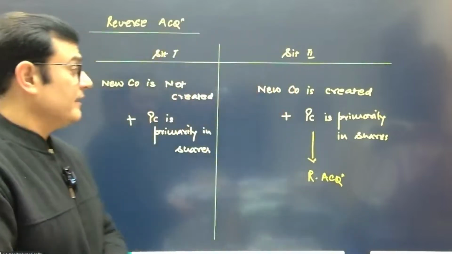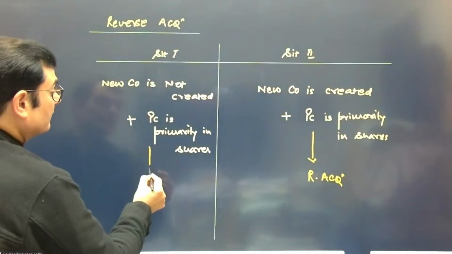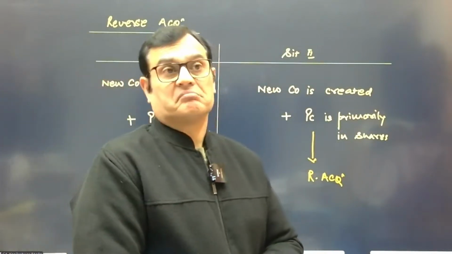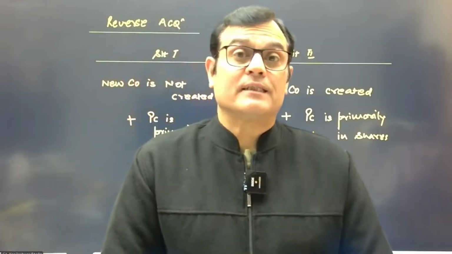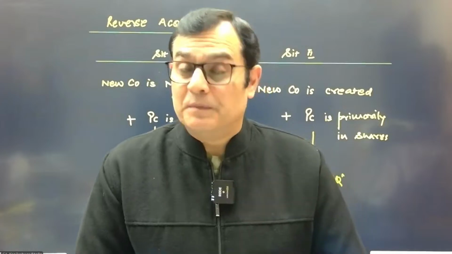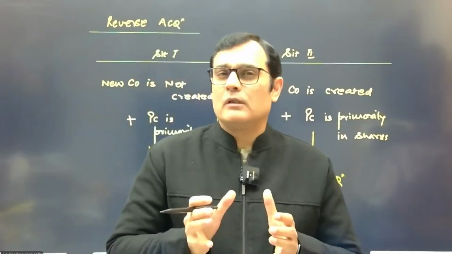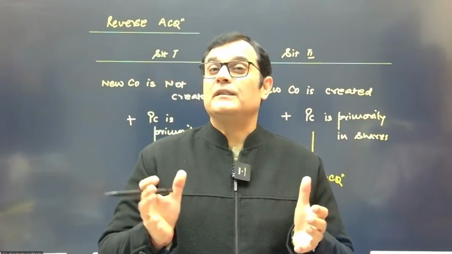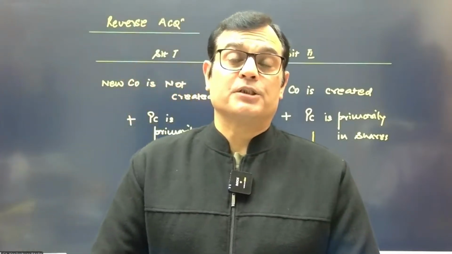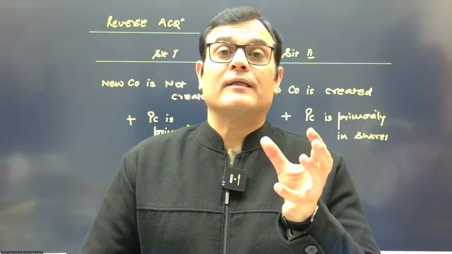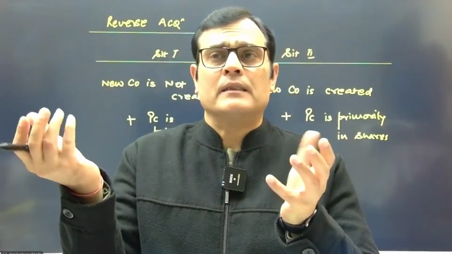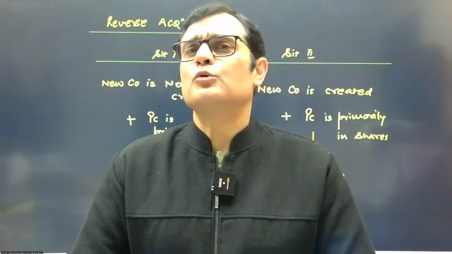Yes. And the other one is when a new company is not created and the consideration is in shares. It depends. You cannot say that it would be a reverse acquisition, but the chances are that it could be, because everything depends upon the exchange ratio. If the exchange ratio is such that the legal acquirer is giving so many shares to the shareholders of the legal acquiree, there is a possibility that it might lose control.